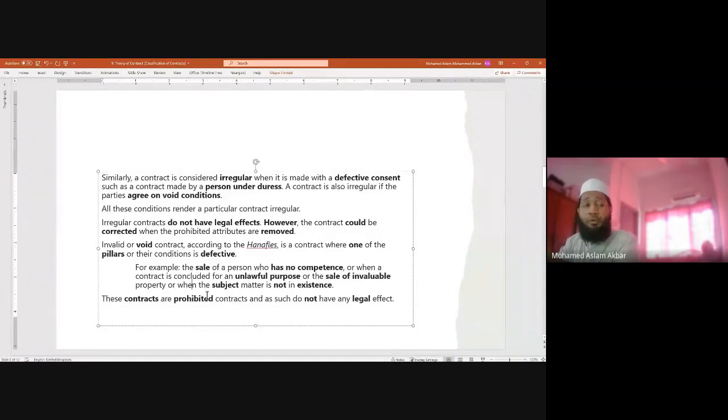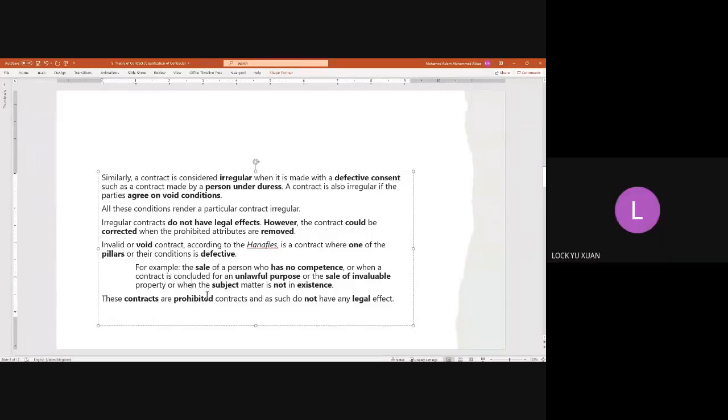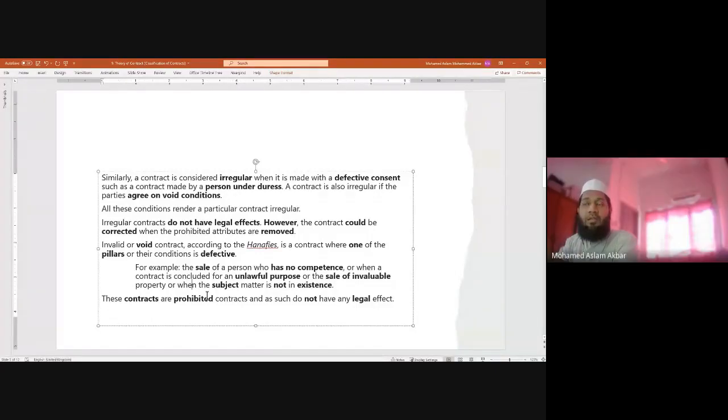But if there is no product, still you want to buy, then the problem is with the primary, asal. You cannot do that without the product. But you can do it with a product. But if you don't know the price, you have to wait until you know the price.